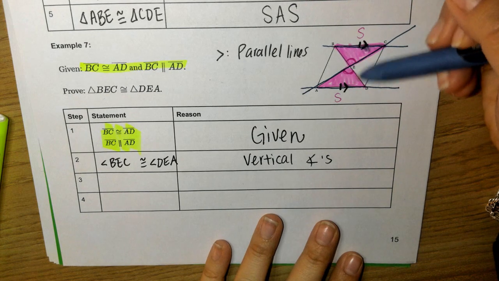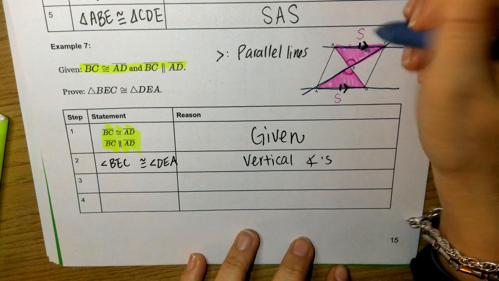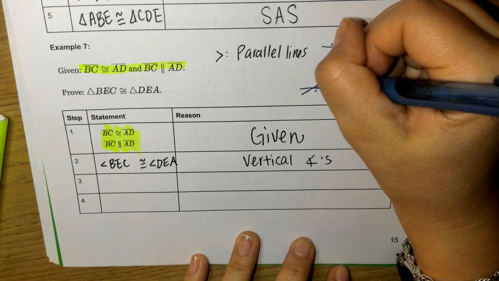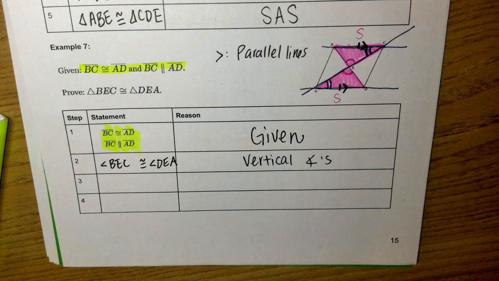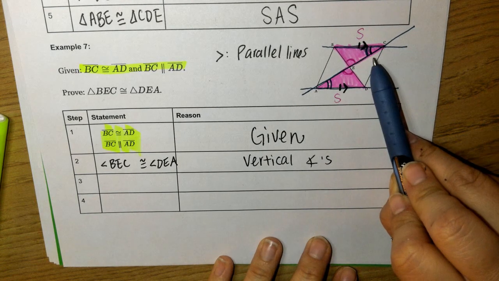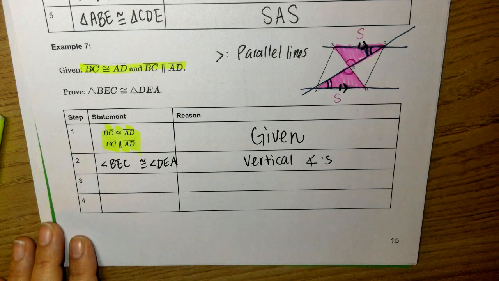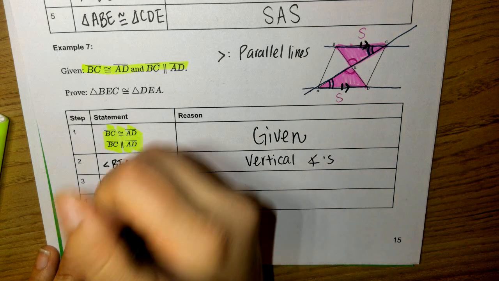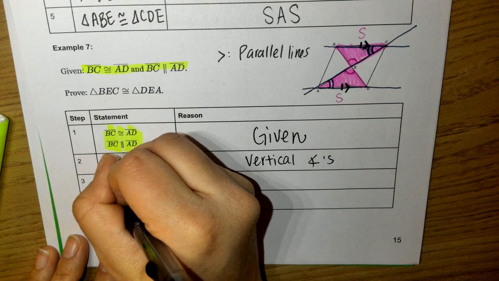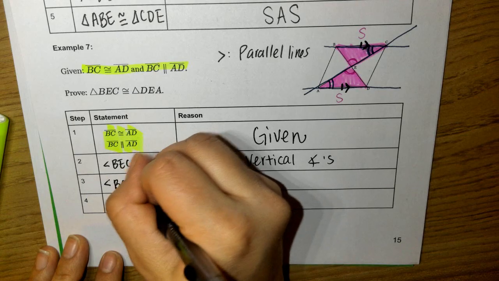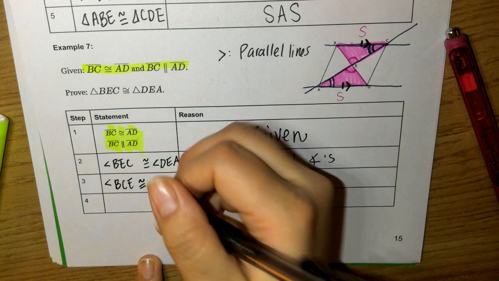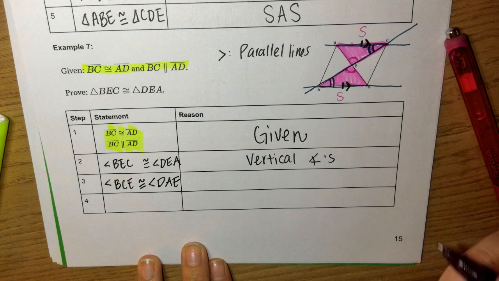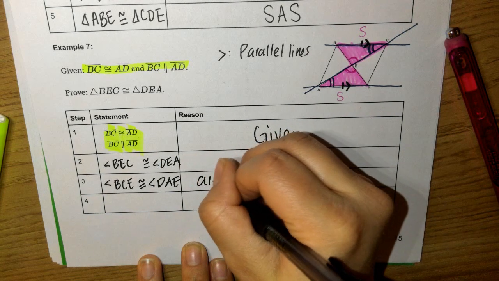This is the inside, my interior, and I know that alternate interior angles are congruent to each other. Okay, so I can now state that angle BCE is congruent to DAE. And this is because of alternate interior angles.